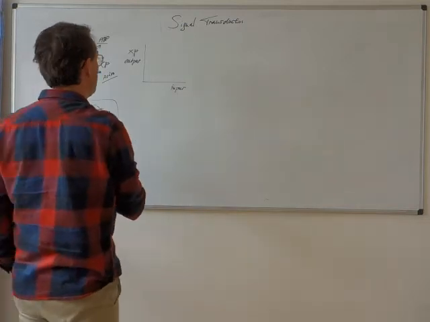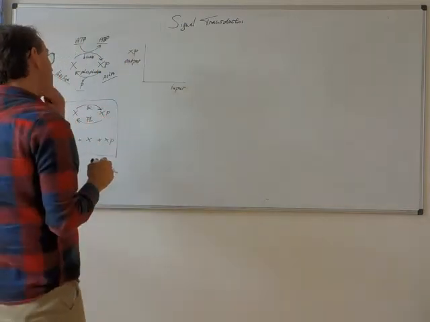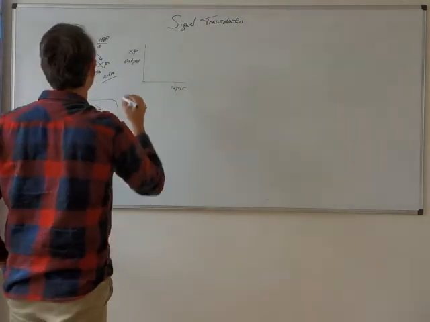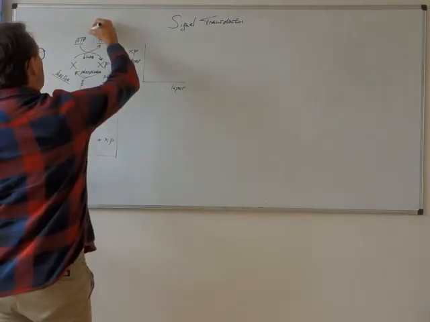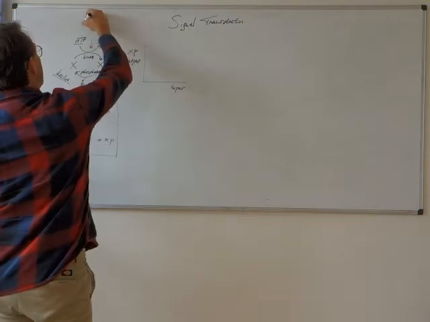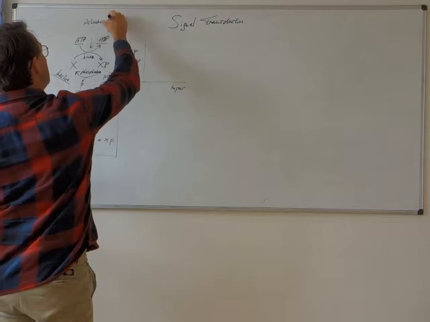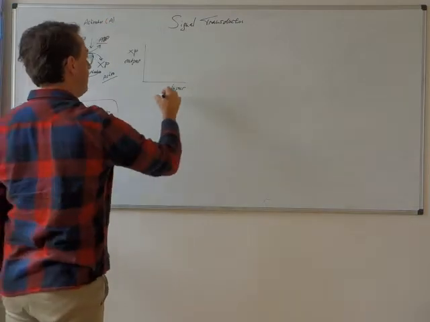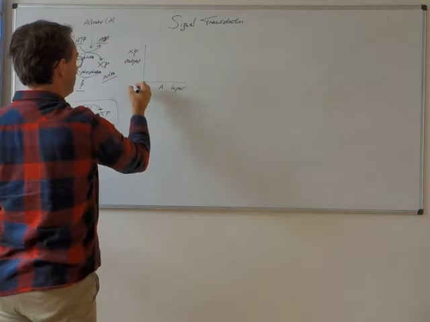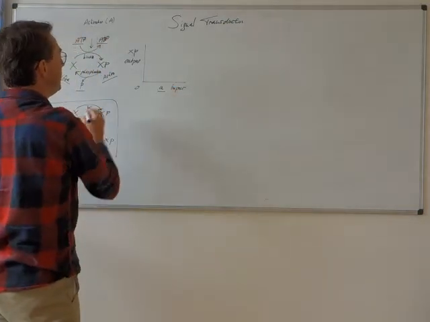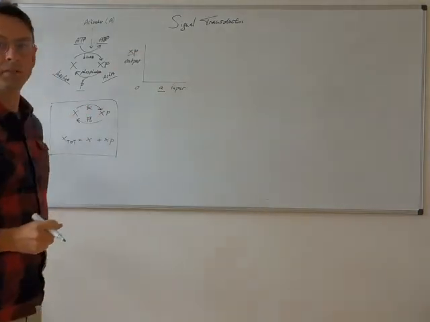The input-output relationship is the output concentration, so the active concentration of the target protein, as a function of the input, and that input will be an activator of the kinase, and let's denote that by A. Okay, so the input is concentration A, and the output is concentration XP.